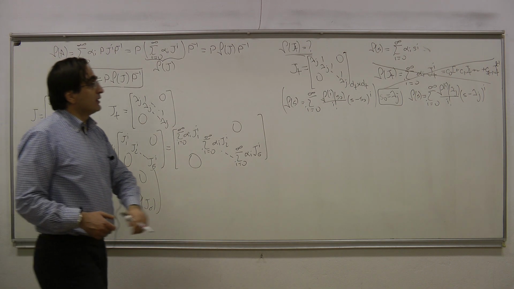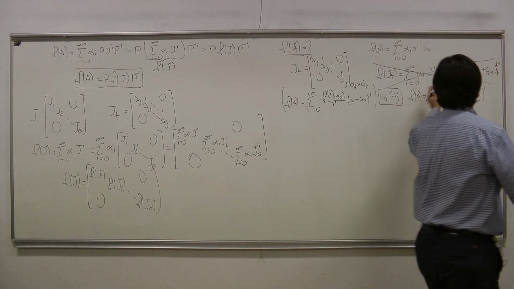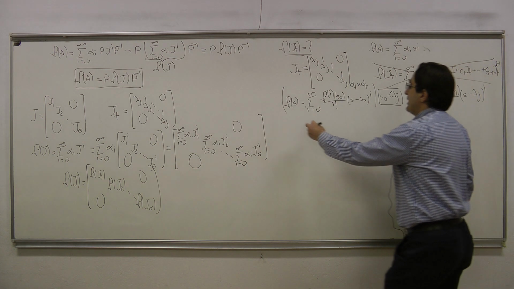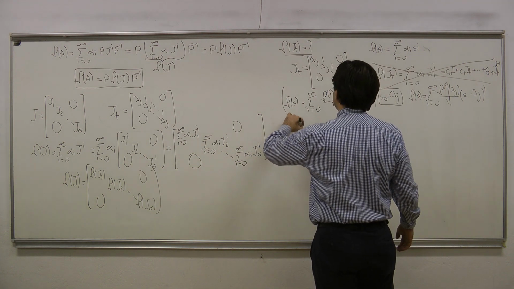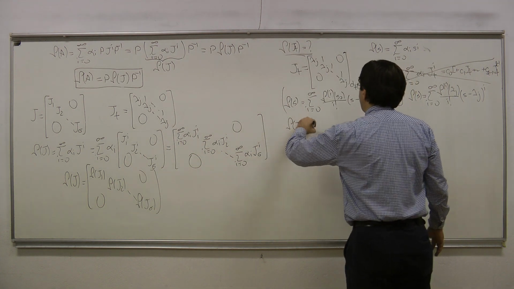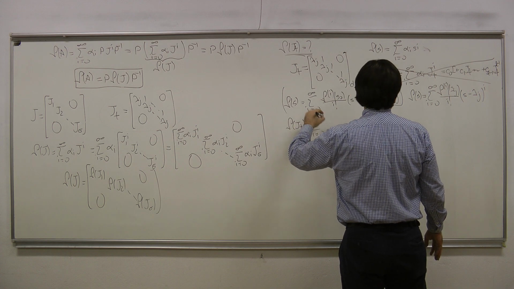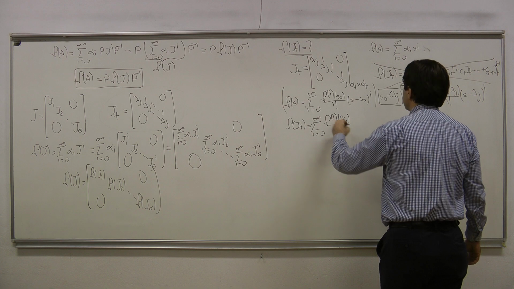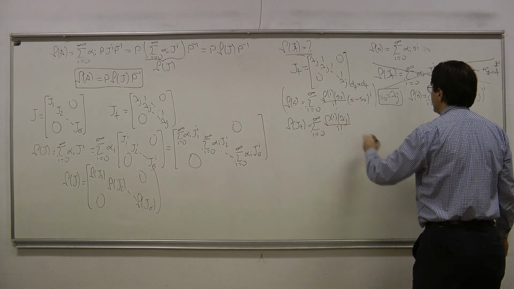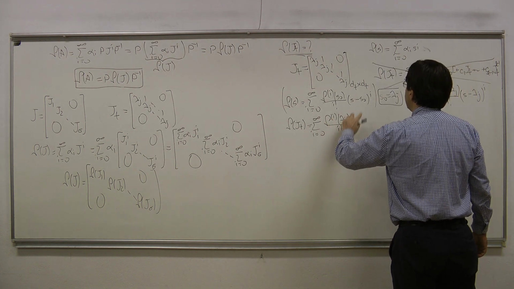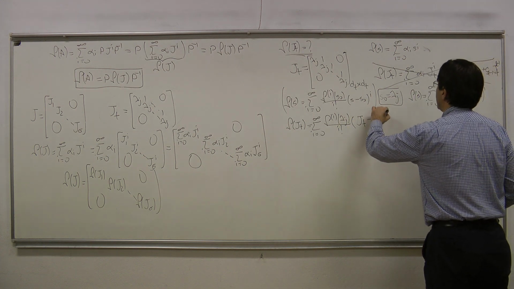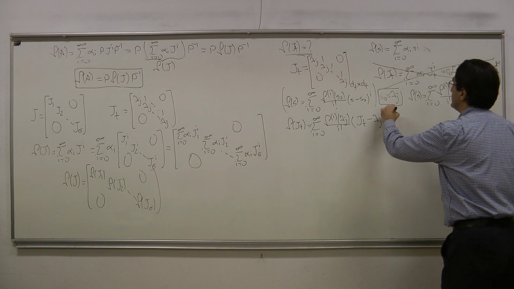So now I can use this expansion in my function of JT calculation. Then f of JT would be the sum over i from 0 to infinity of the ith derivative of f evaluated at lambda j, divided by i factorial, times JT minus lambda j times identity to the power i.